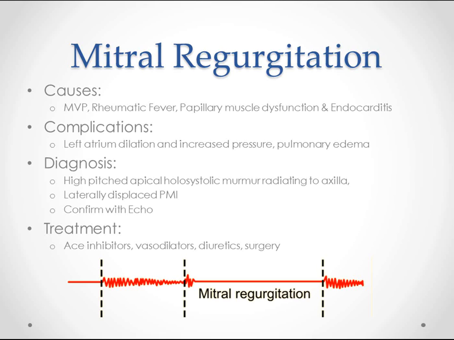So ACE inhibitors and vasodilators and diuretics all serve that purpose. In some cases, we do surgery, which could include narrowing the opening, so we get less blood seeping back through into the atrium.